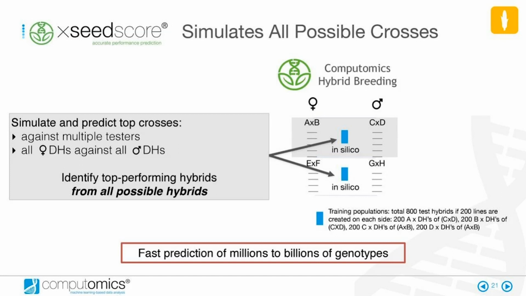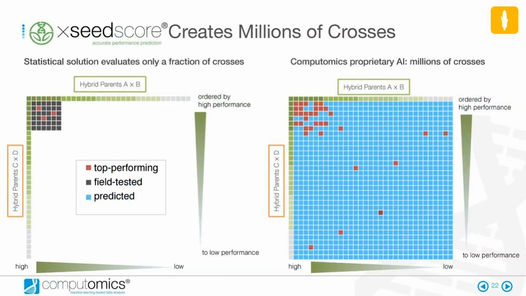This is much more challenging with classical statistical models, as the creation of a kinship matrix of such a vast number of individuals is computationally extremely demanding and takes a very long time. As field space is limited, in a classical approach, you would only cross top-performing parents, field test them, and identify a couple of candidates to take into the next cycle.